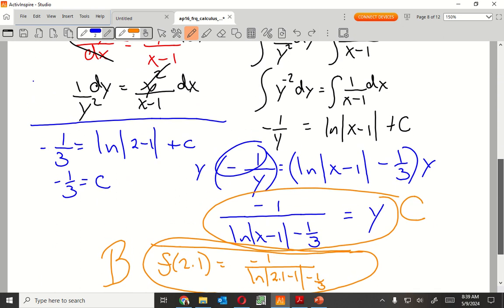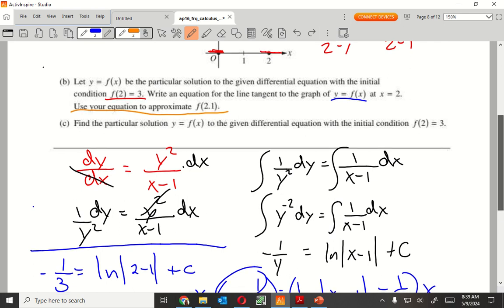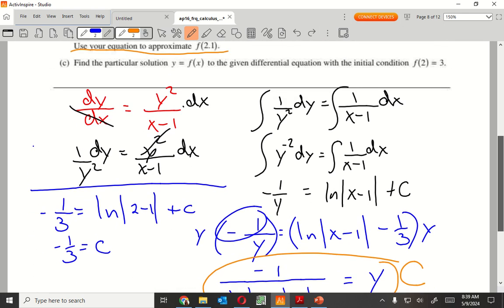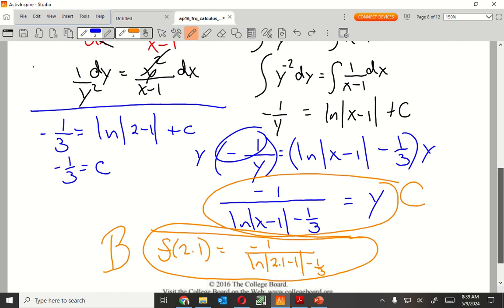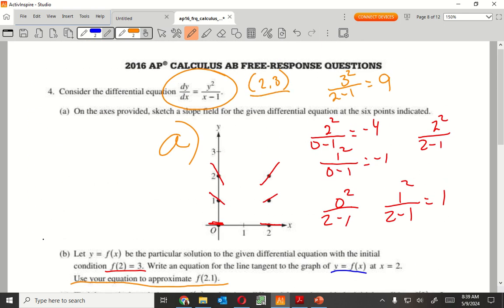If you did B, wouldn't you have to do C anyways? No, because they're different. Because if you look from part B, what did I do? I went up here, I plugged in my point, I got the slope, right?